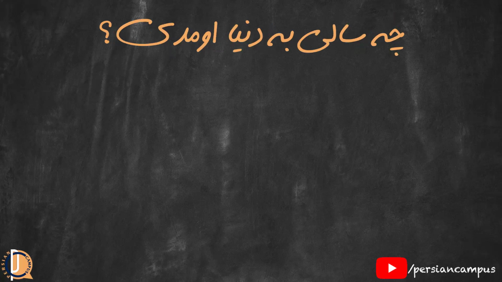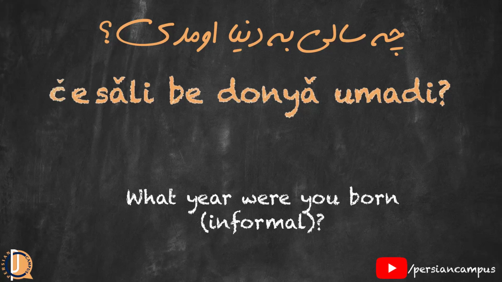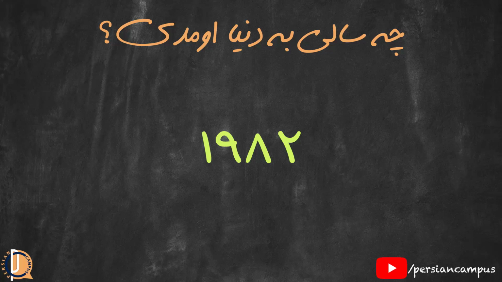The other information is the year that you were born. I was born in 1982. In many European languages, you have to separate these years in 2 parts, 19 and then 82. But in Persian style, we read the whole number, the real number that we see here.